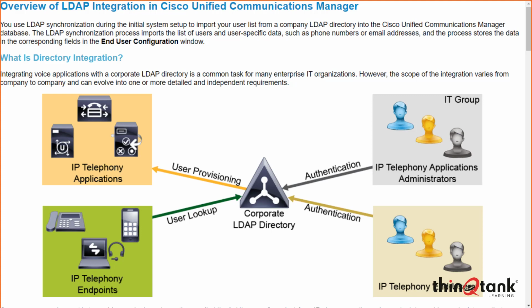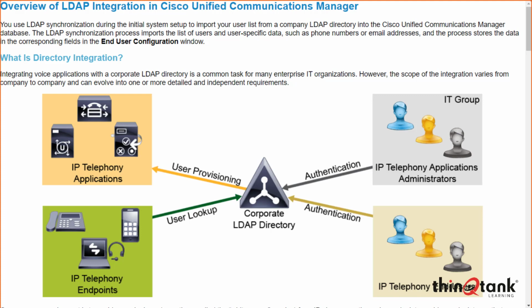Each entry within the LDAP directory has a unique identifier, and that unique identifier is probably one of the most important components of the LDAP directory. We call that the DN. The DN is the distinguished name.